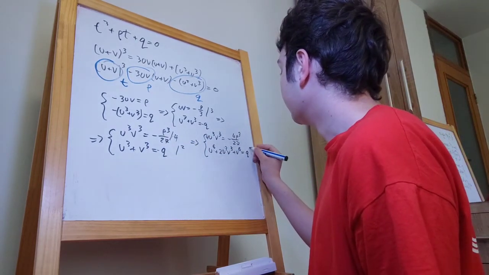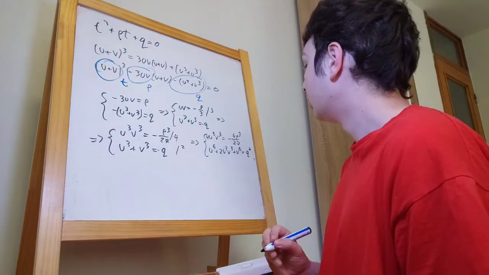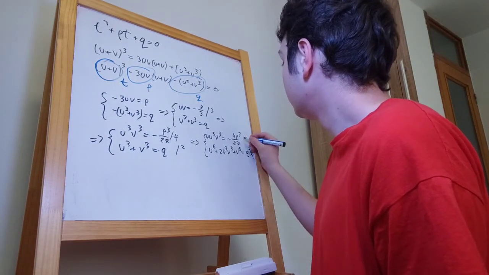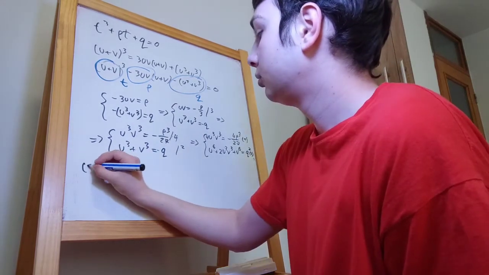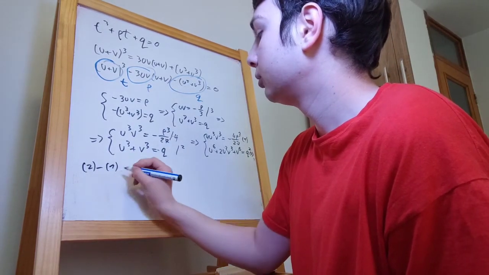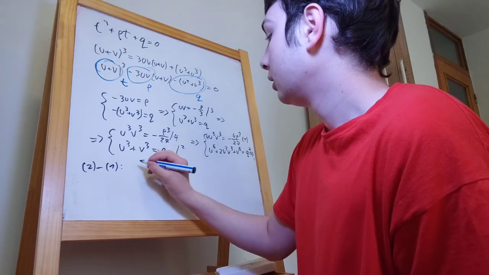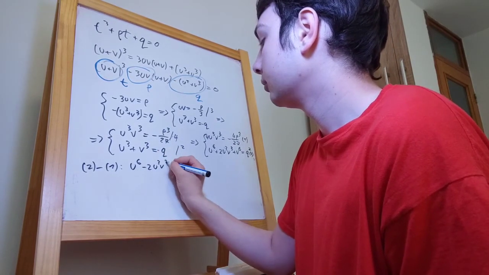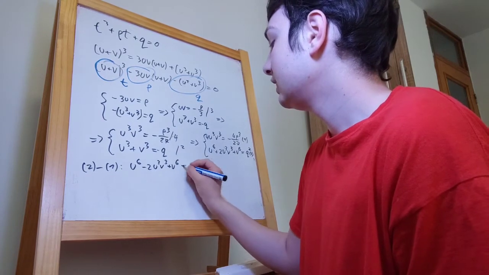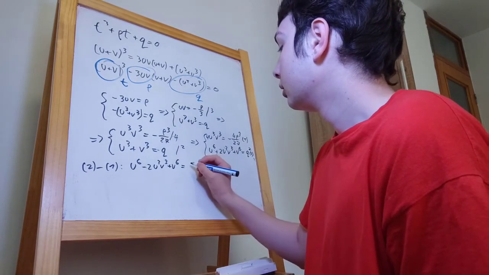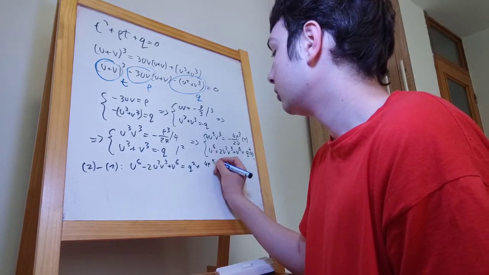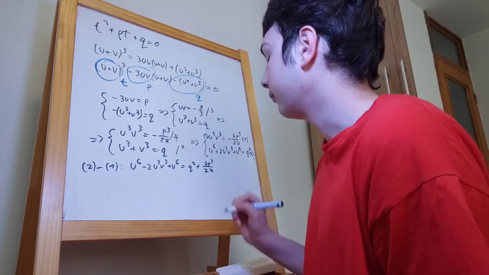This is q squared. Alright, what we do is take this to be 2, this to be 1, subtract 2 from 1, 1 from 2, and we get u to the 6th minus 2u cubed v cubed plus v to the 6th is equal to q squared plus 4p cubed over 27.